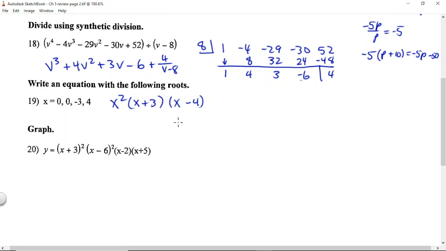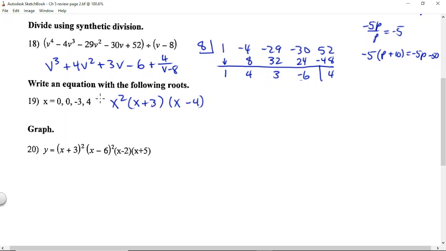So it says write an equation. We could just say that equals 0. Okay, that's an equation. Well, no, let's not. I think equation has the following roots. I'm going to call this a function.